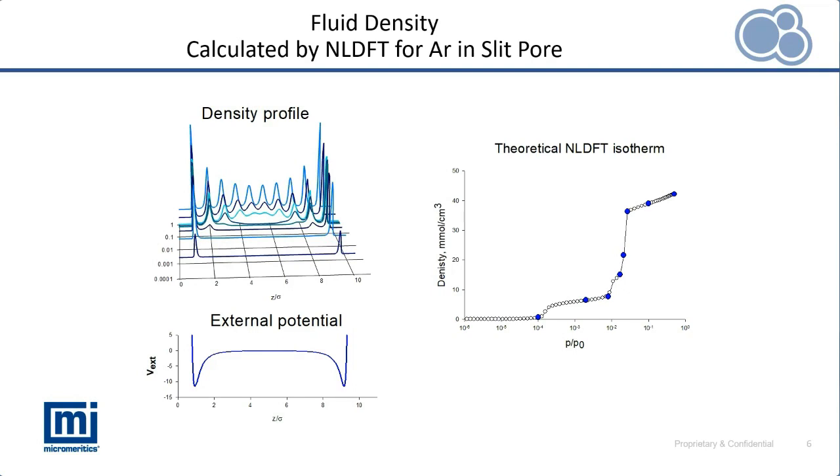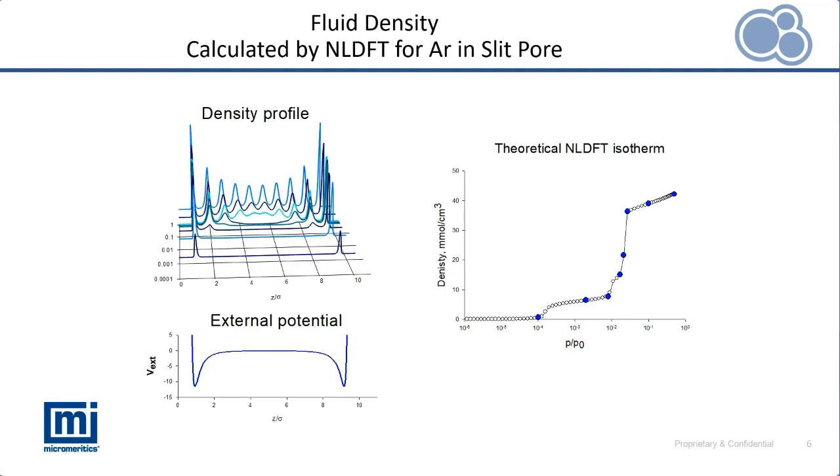Once we increase pressure, we obtain a second density profile which has only two peaks, and this corresponds to the pressure point here on the isotherm. Then, if we increase pressure even more, you will see small little peaks near the main peak, corresponding to the minimum of the potential.